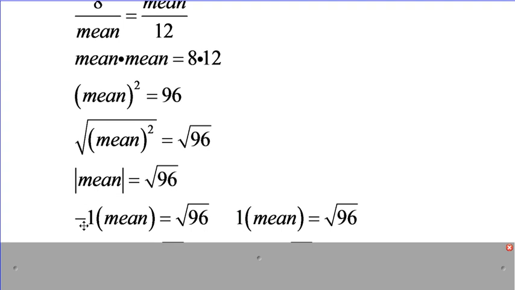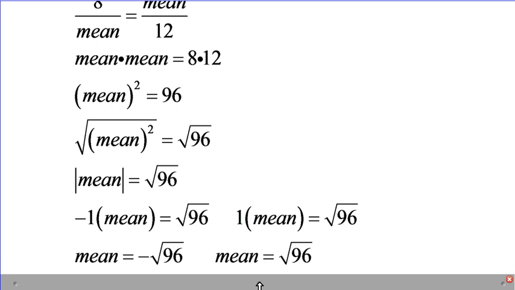On the left, I can divide both sides by -1, and so my mean will equal negative square root of 96. And on the right, we just need to divide by 1, so we have the mean equaling the square root of 96.